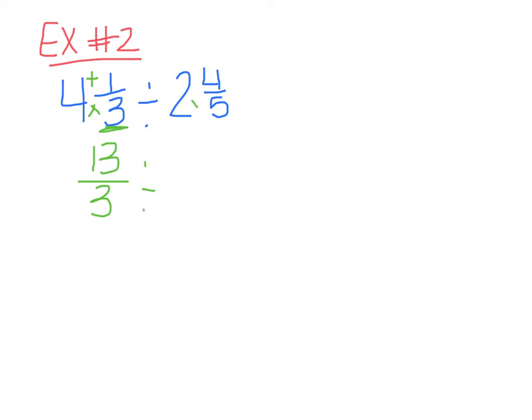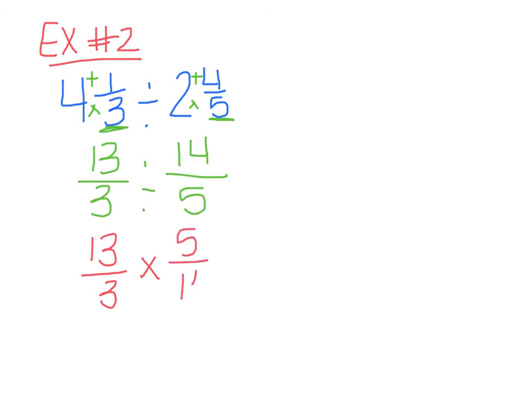Whole number times denominator, 2 times 5 is 10, plus the numerator, which is 14. And we keep the denominator. Now we do stay, change, flip. So the first one stays, change division to multiplication, and flip the second fraction.